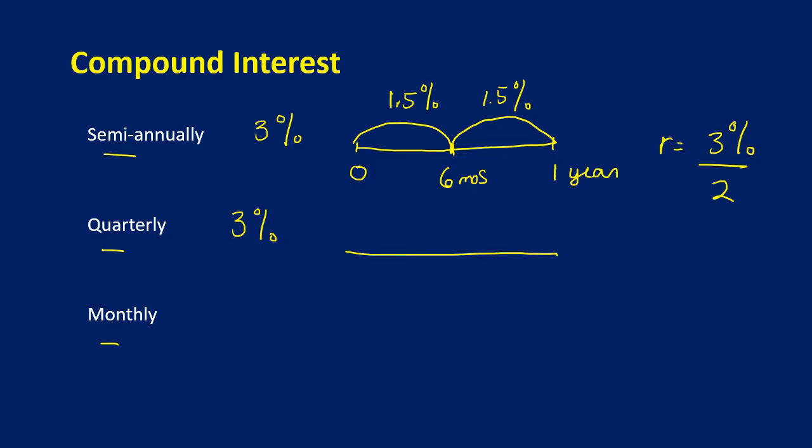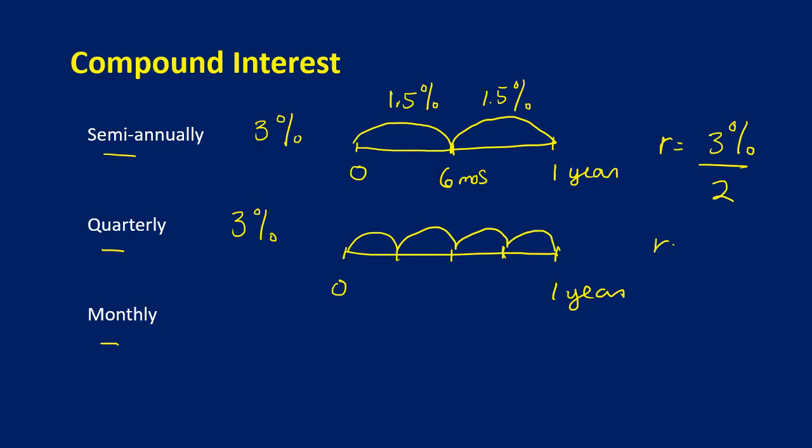What is the meaning of 3% compounded quarterly? So that also means, let's say this is 0, this is 1 year. You will do the compounding 4 times.